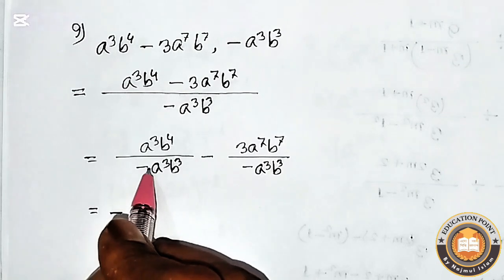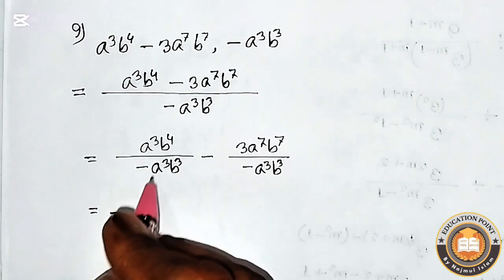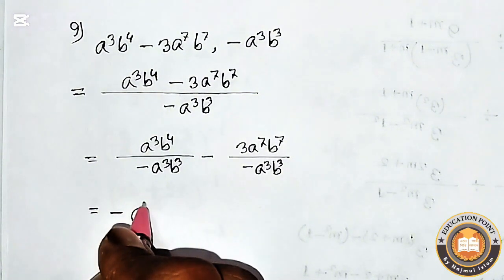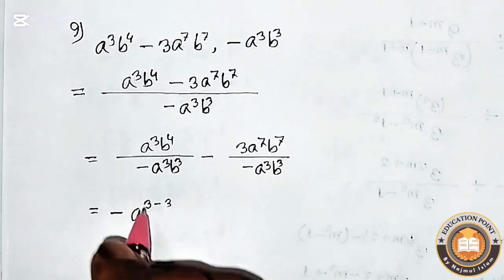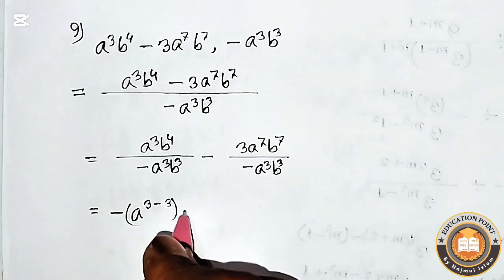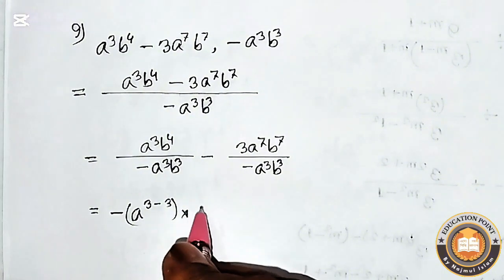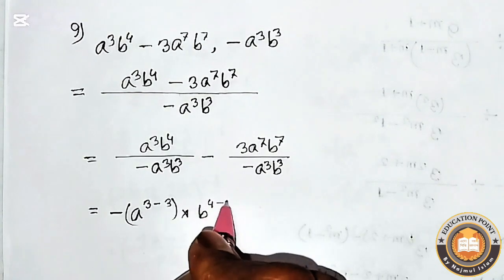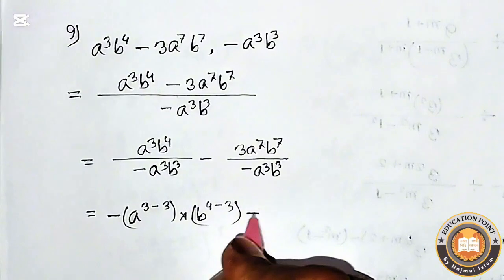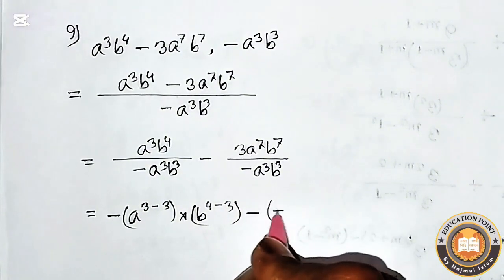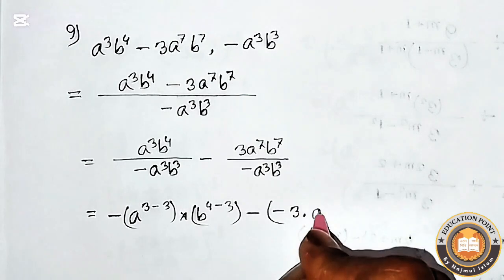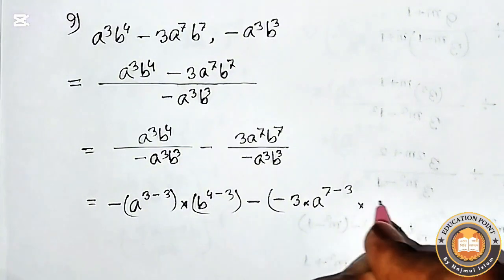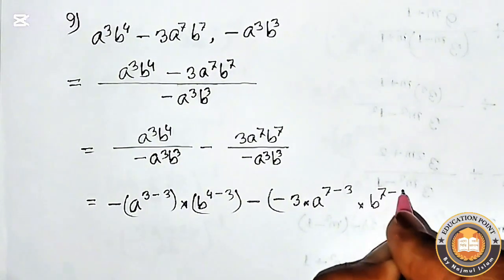Here similar base a, and it is connected by a divided sign, so their power will be subtracted: 3 minus 3, into similar base b, so their power will be subtracted: 4 minus 3, minus similar base a, their power will be subtracted, similar base b, their power will be subtracted.